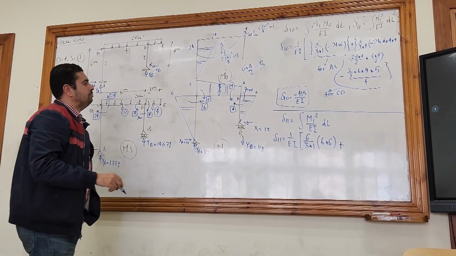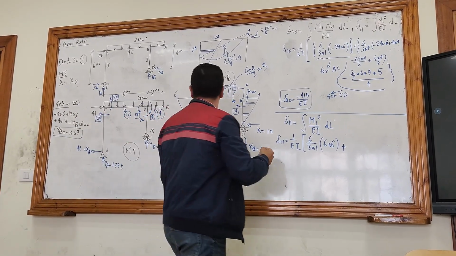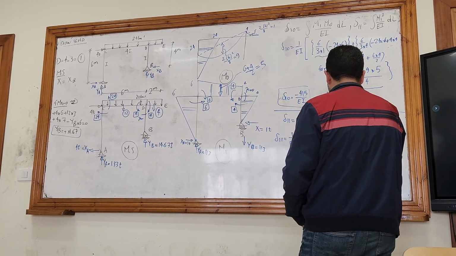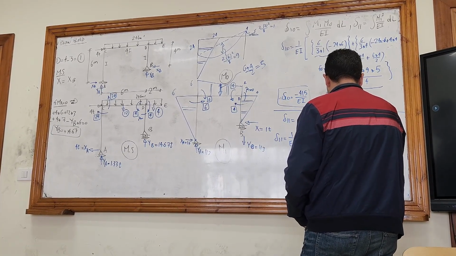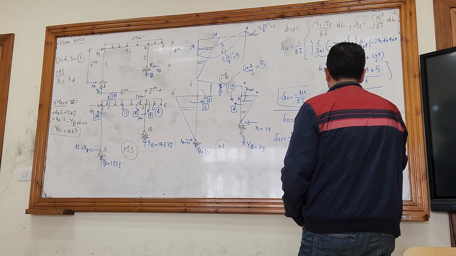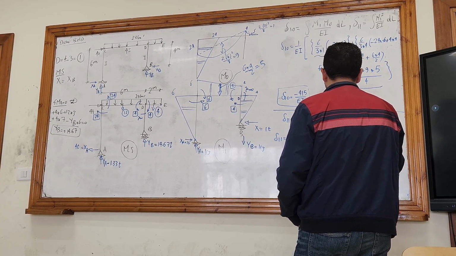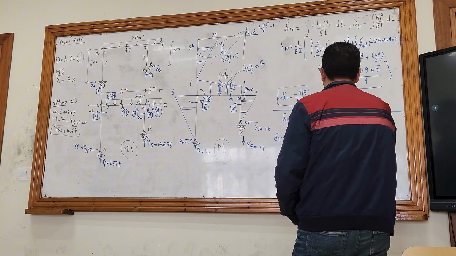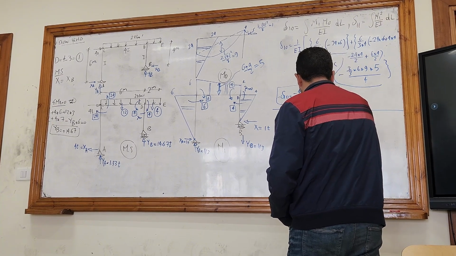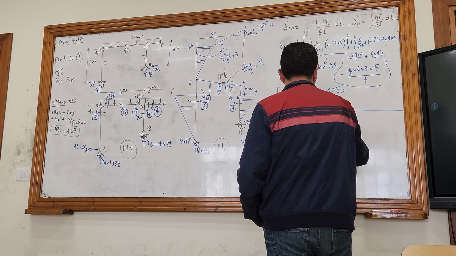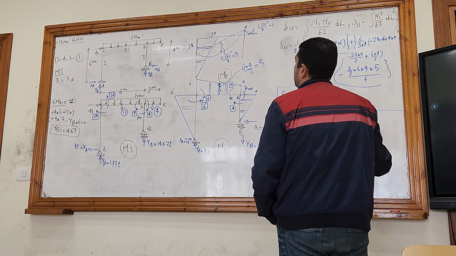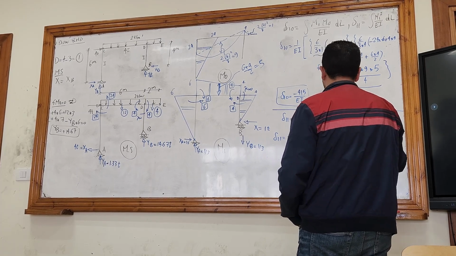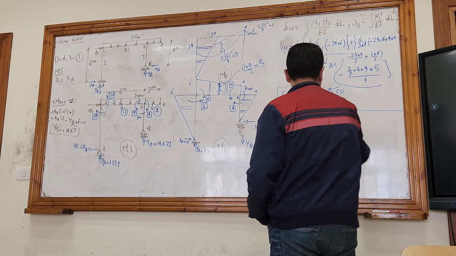The second member, DB, L is 4. So I will do this kind of bracket. Plus L, which is 4, divided by 3 multiplied by the I factor, which is 1. 4 times 4, and that's it.